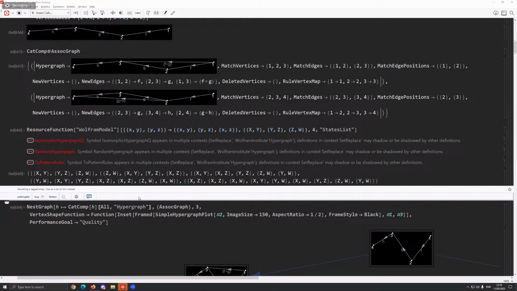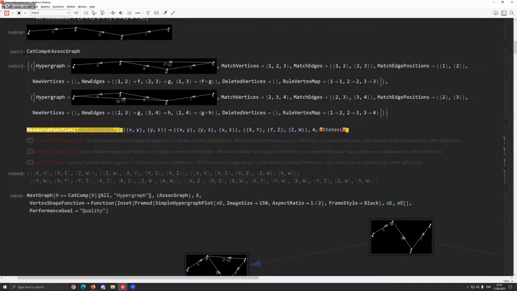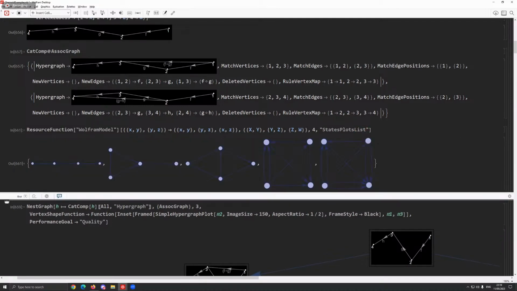Is that what you wanted to see? Okay, maybe do states plots list if you want the diagrammatic representation, in the last argument of the Wolfram model, the property at the end. Yeah, just make it states plots list. By the way, those shadowing messages, it would be nice to somehow avoid that.